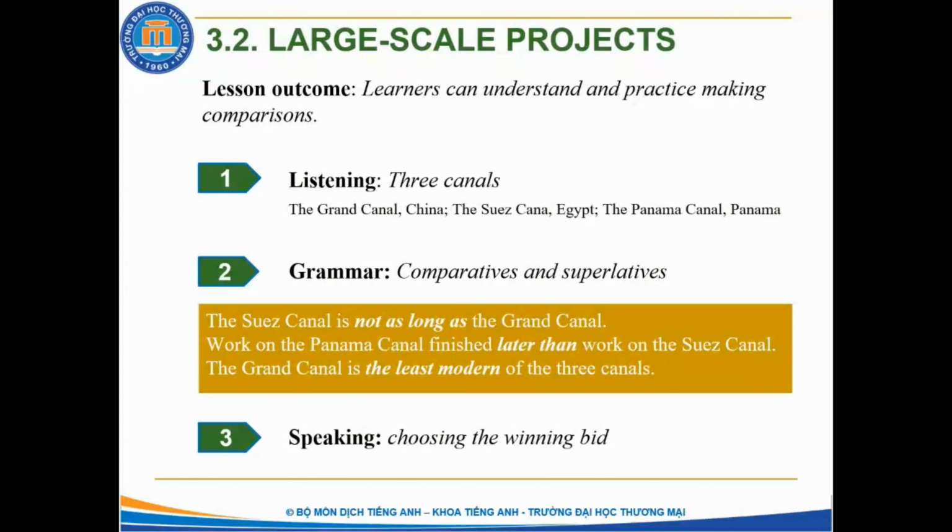And after studying part 3.2, it is expected that learners can understand and practice making comparisons. So here are some examples for comparatives and superlatives.